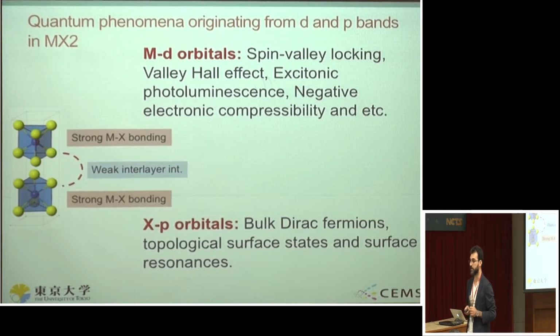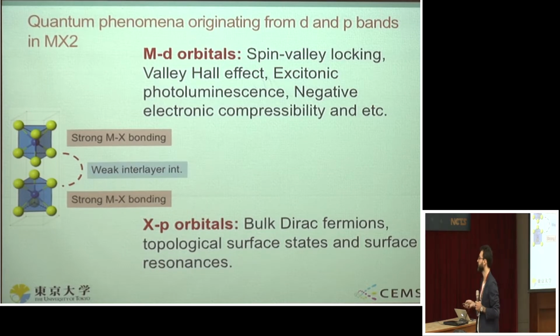For example, we know that when we are dealing with the d orbitals in transition metal dichalcogenides, we can think about very exciting physics like spin valley locking, Valley Hall effect, excitonic photoluminescence, negative electron compressibility, and etc. And we have little studied the things which are related to the p orbitals, basically because the p orbitals are a bit far from the Fermi levels, and thus the physics may not be so much relevant to the applications.